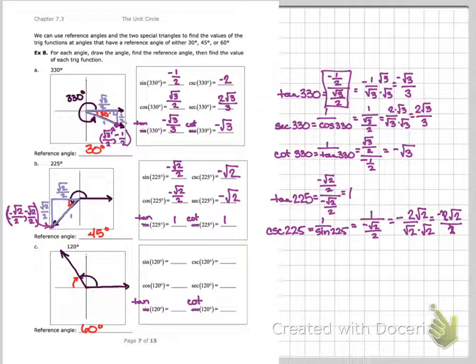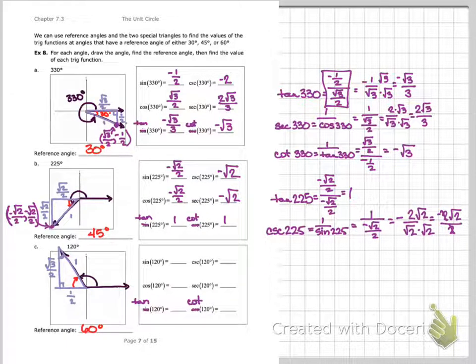We are going to go ahead and draw this triangle in right now. That makes this a 30, 60, 90 degree triangle. So this is my short side, opposite my 30 degree angle up here. This is my long side.